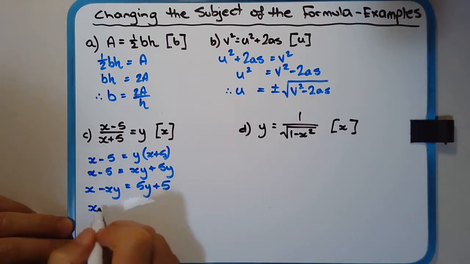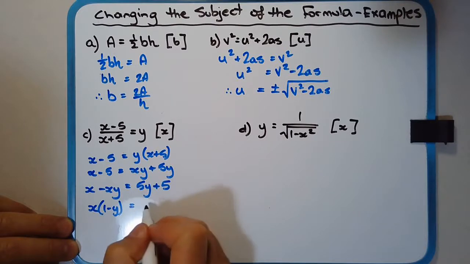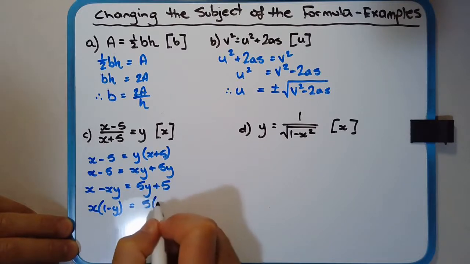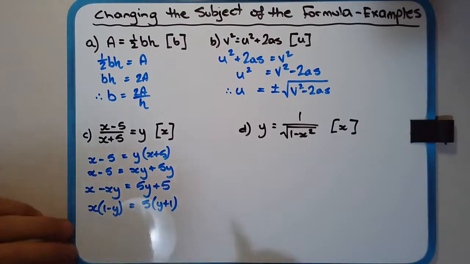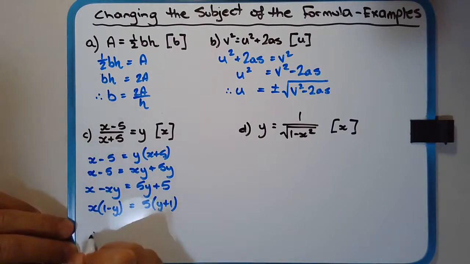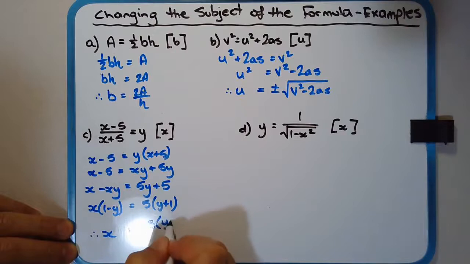So x outside of 1 minus y is equal to, and I could factorize the right-hand side, not necessary, but we could if we wanted to. Now we can divide both sides by 1 minus y, so x is equal to 5 outside of y plus 1, over 1 minus y.